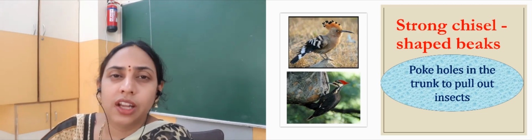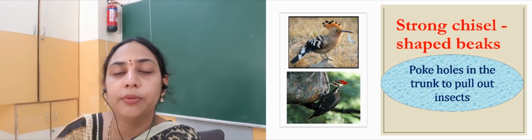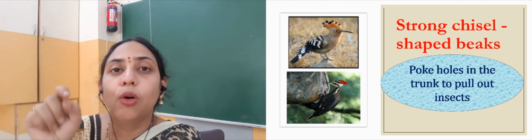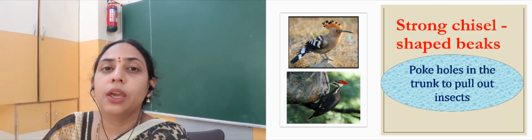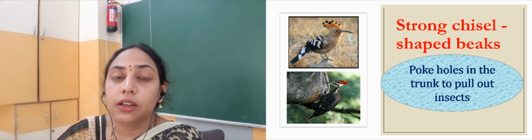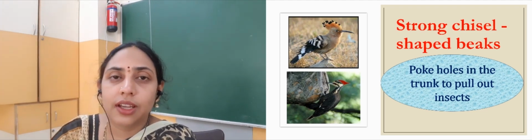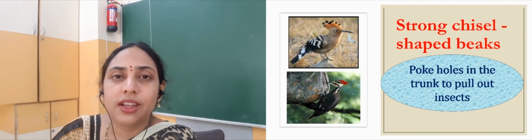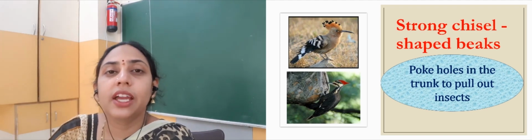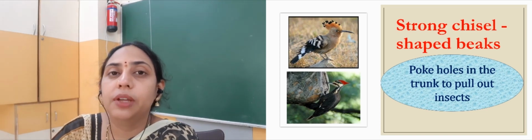That is why the name woodpecker, that means pecking the wood, making a hole in the wood. The woodpeckers and hoopoes make their nest, and they even eat food that is very near to their nest, the small insects near their nest. They pick up these insects and eat them. So for that they have chisel shaped beaks.